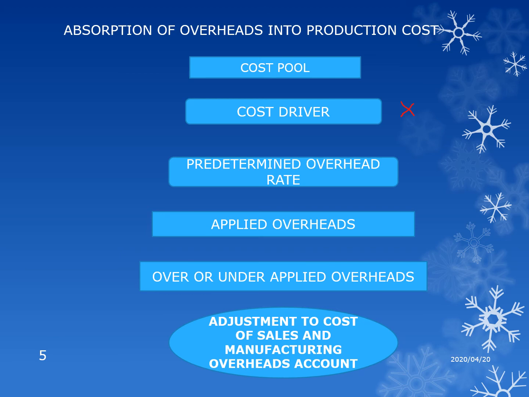Then the fourth step will be applied overheads, where you have to tell us by how much we are absorbing cost into production. Then you do your over or under applied adjustment, and the last adjustment is to cost of sales and manufacturing overheads.